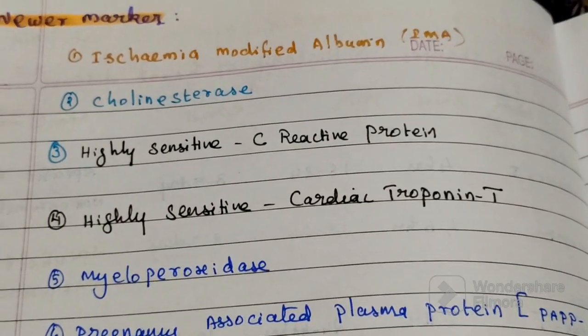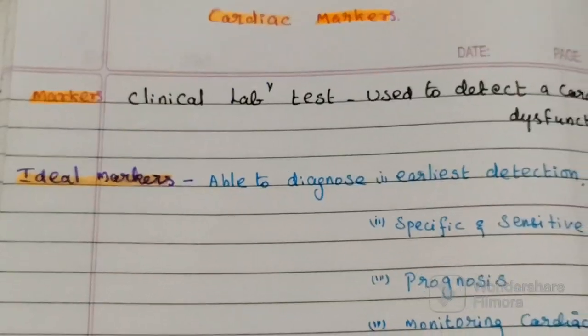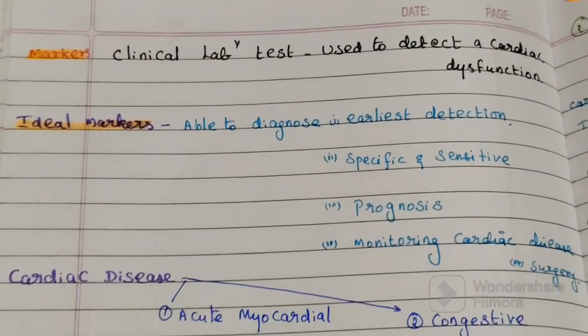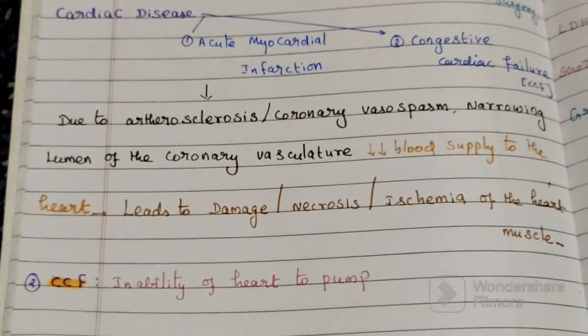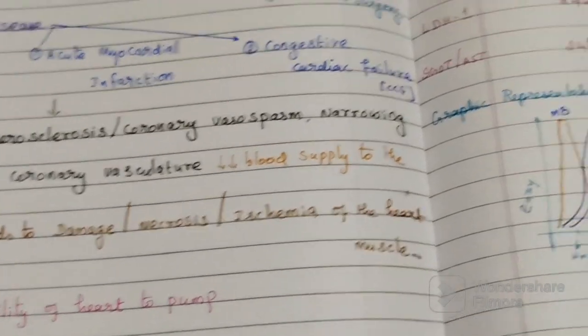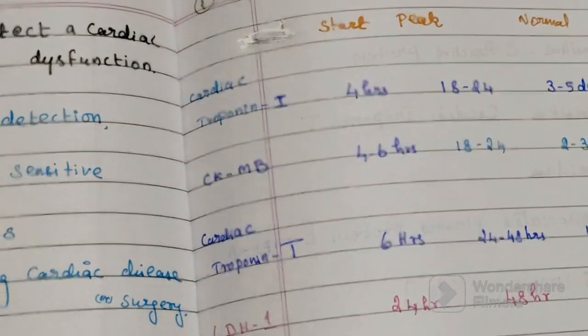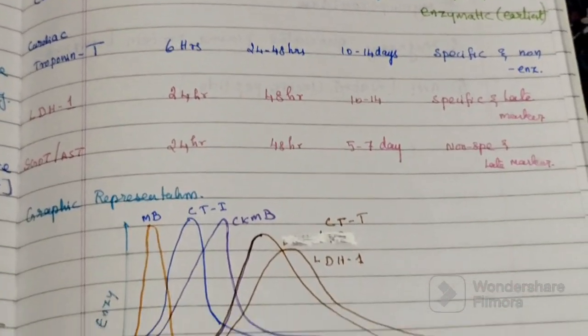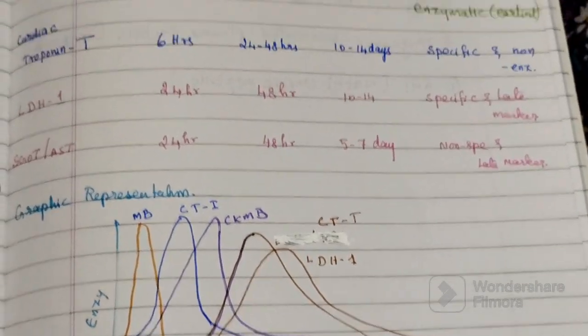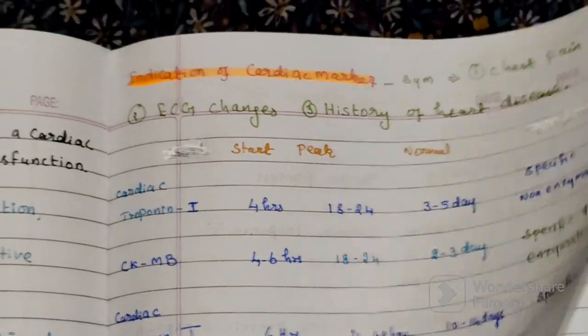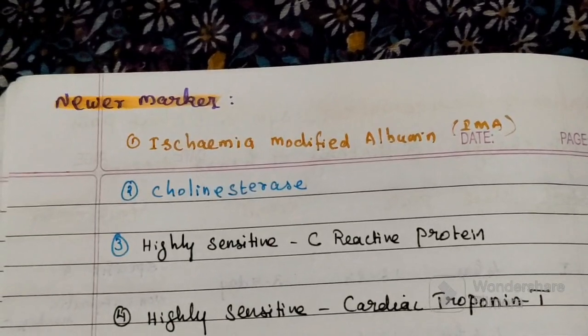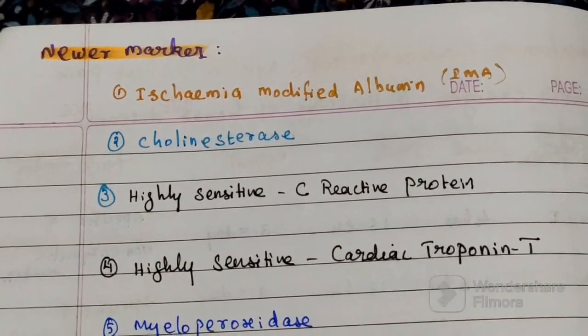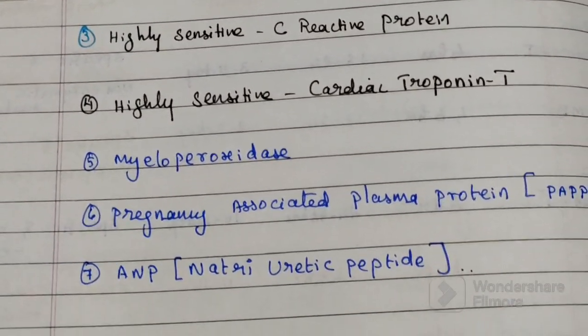Newer markers are ischemia modified albumin to ANP.